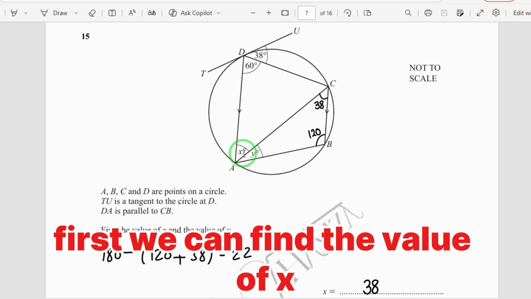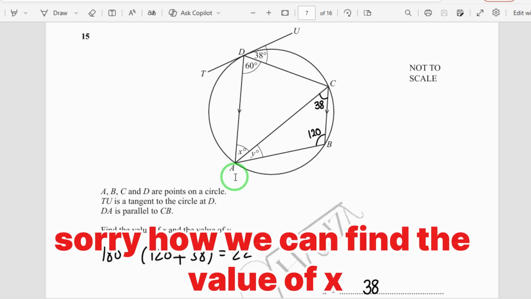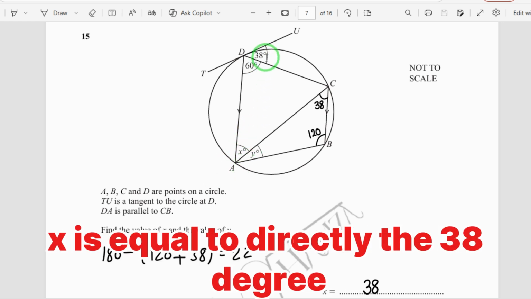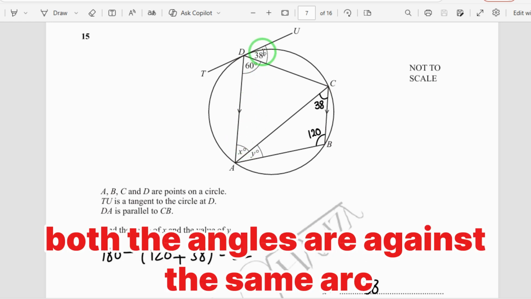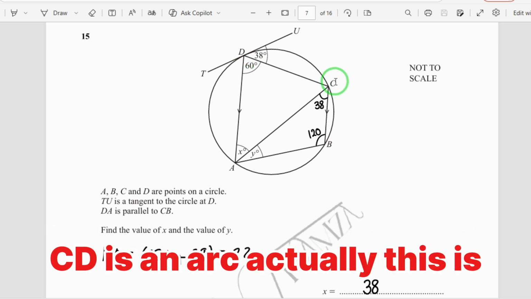First, we find the value of X. Sorry. How can we find the value of X? X is directly equal to 38 degrees, because X and 38 are both angles against the same arc. CD is an arc.